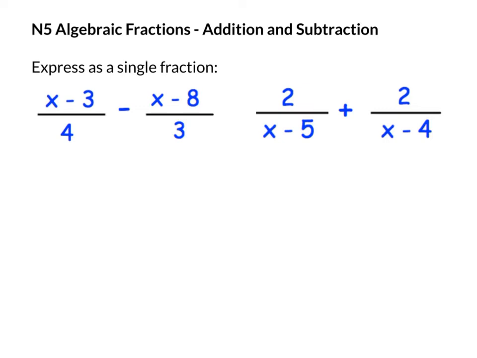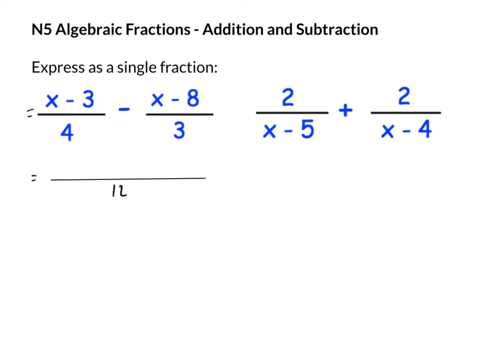So what I mean by that is this. I'm looking at my numerators. I've got 4 and 3. So this means I should be aiming to make my denominator 12. Here's my first main difference. I'm going to write this as one big fraction all over 12.